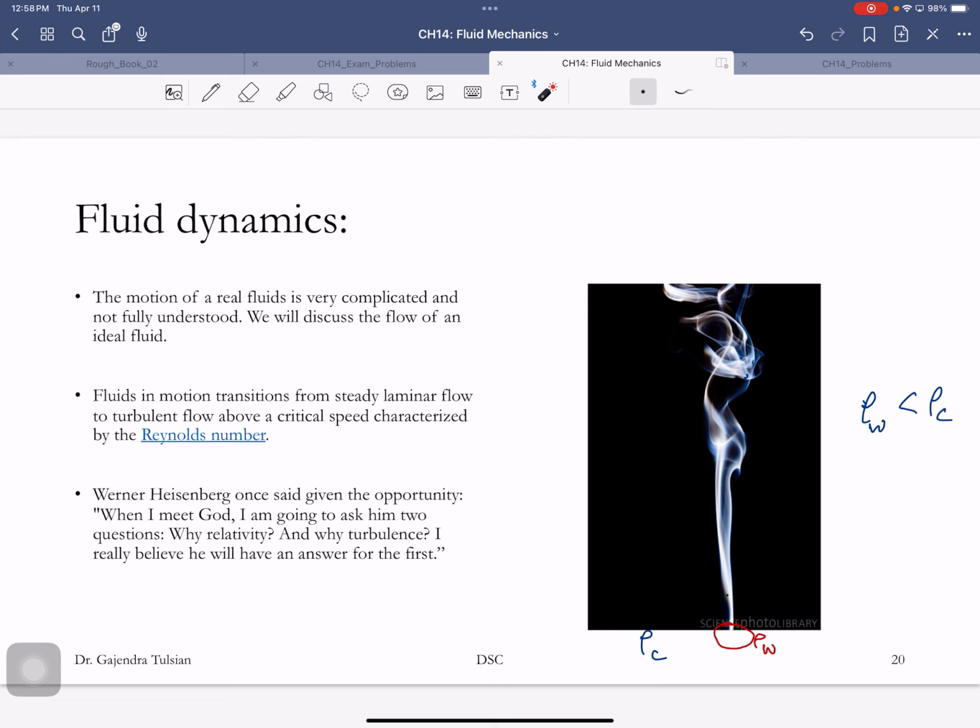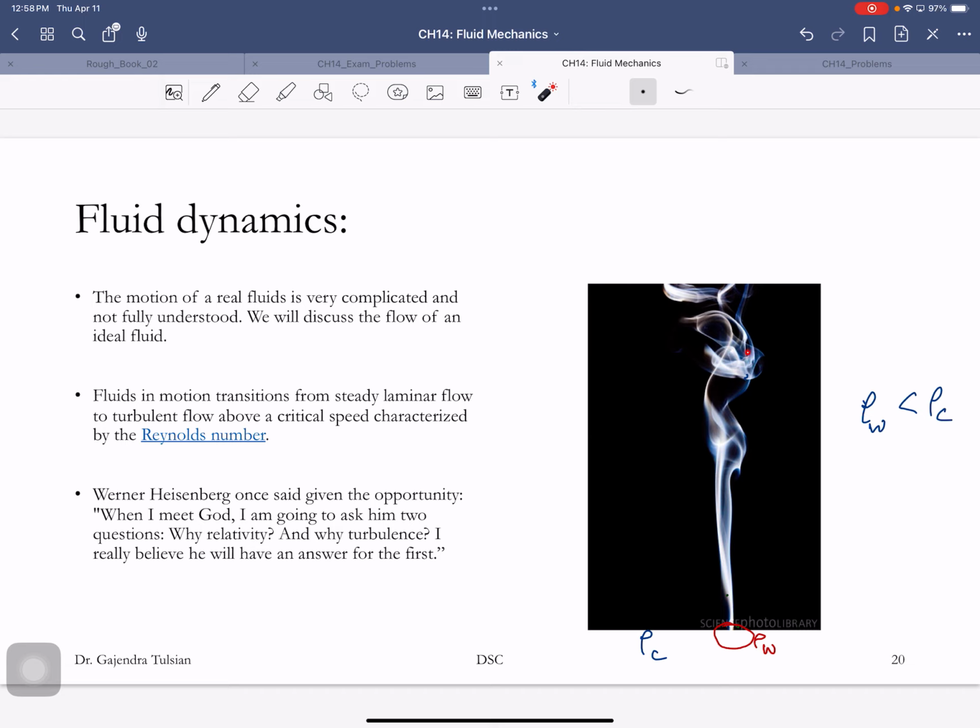Below a critical speed, there's a nice laminar flow. And once the air packet gets faster than a critical speed, the flow becomes turbulent. This is bad news. Turbulent flow.